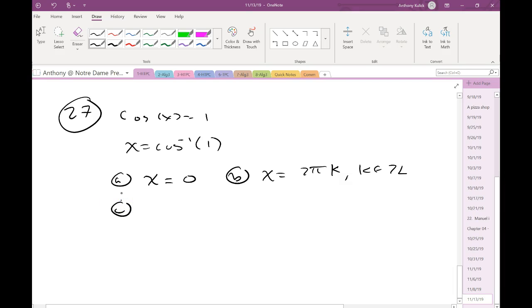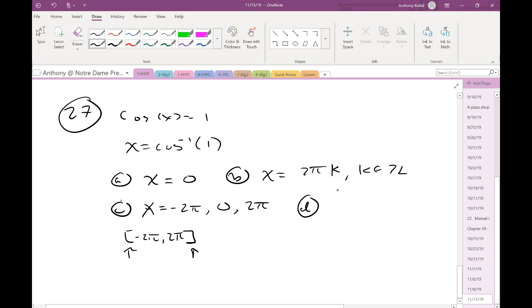C is going from, notice that here the intervals matter quite a bit. Notice both of these are brackets. So here, my solutions are 0 minus 2 pi, 0, and 0 plus 2 pi. That's kind of mean.